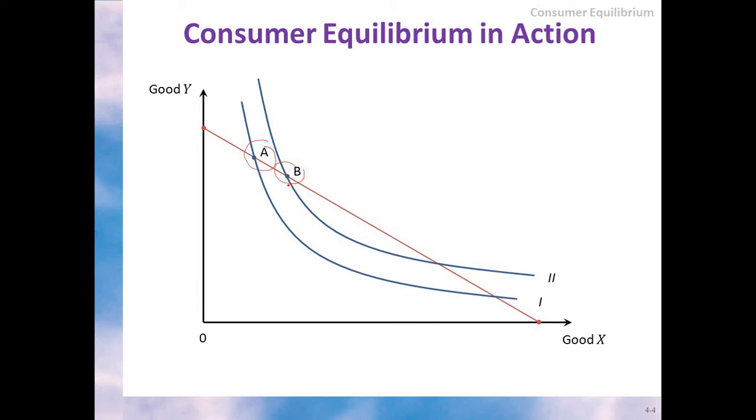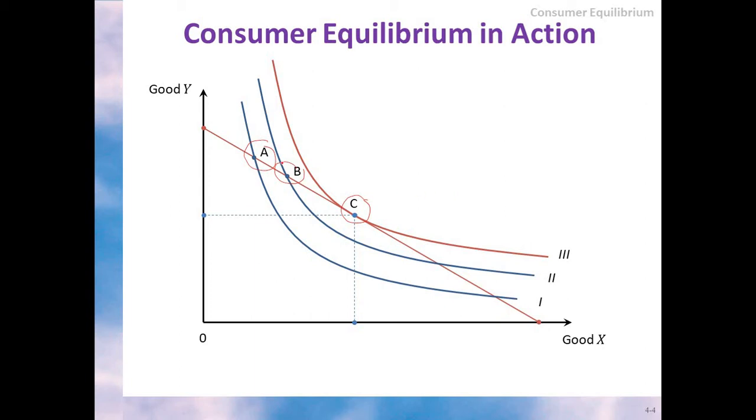But is it the equilibrium point? The equilibrium point is where the MRS and the market rate of substitution should be equal. So if I draw another intersection between the indifference curve and budget line at point C, you can see the indifference curve here is tangent to the budget line.